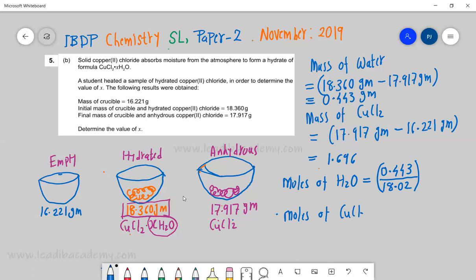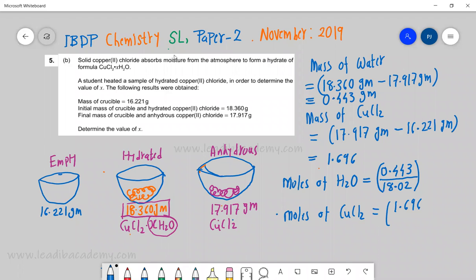It would be 1.696 divided by 134.45, that is the molar mass.